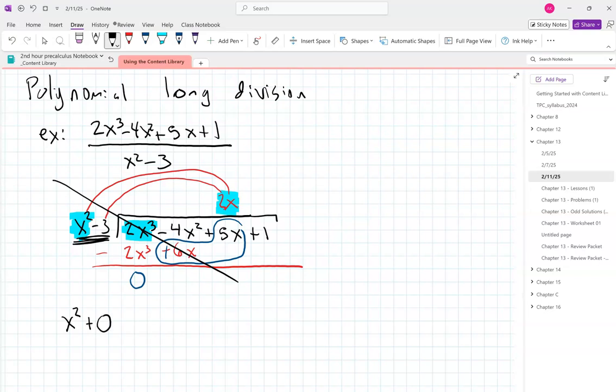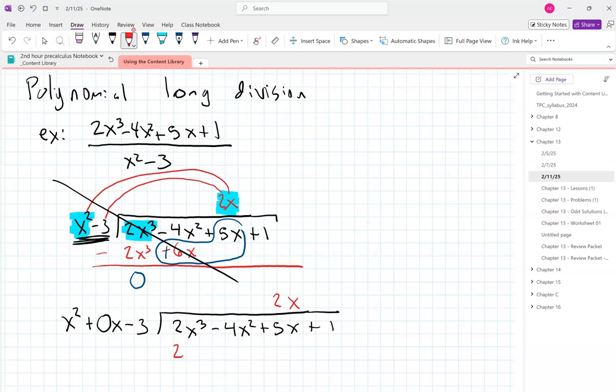What if I just put in like 0x there as a little placeholder? And we start the same way. And then it'll distribute the negative.